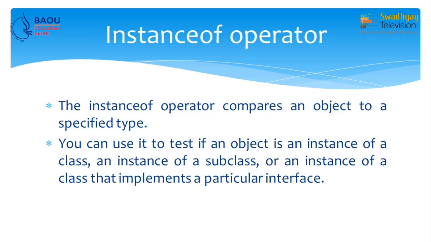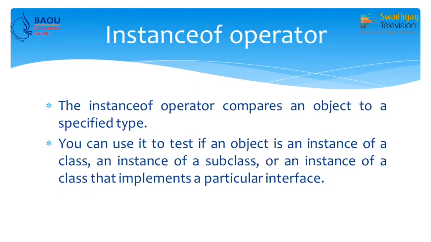The next operator is the instanceof operator. Now, the instanceof operator compares an object to a specified type. Remember, here we are not interested in value, but we are interested in type. For example, we have class A and we have objects x and y. So, we can say x is of type A and y is of type A irrespective of the value that is stored inside x and y.